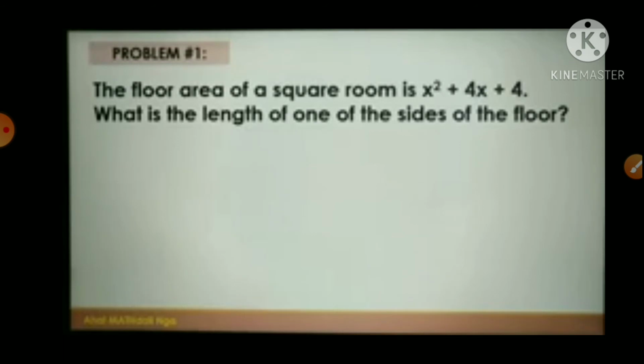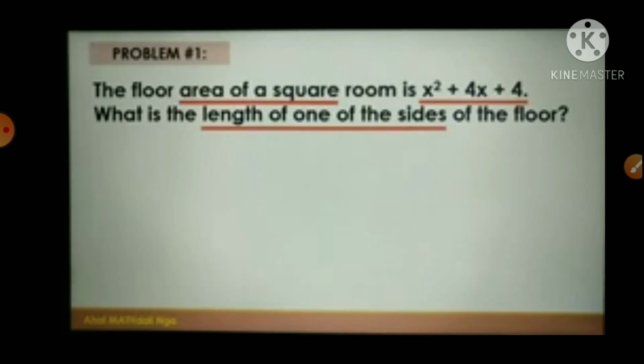In this problem, the given is the area of a square, which is x squared plus 4x plus 4. And you are asked to find the length of one of the sides of the floor.